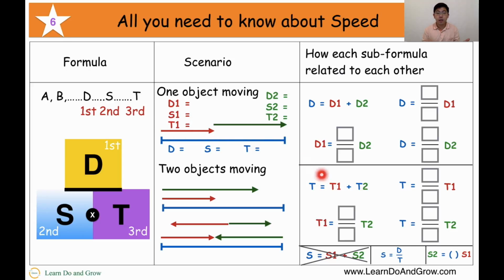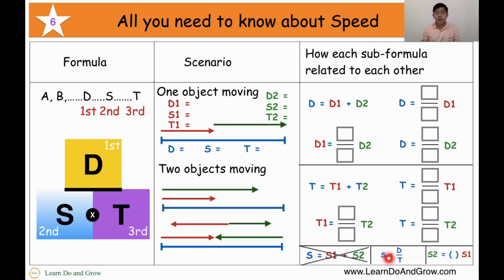T1 is over here, T2 is over here, or T1 belongs to the red one, T2 belongs to the green one. This one is supposed to be green. Or we can just say that T1 equals some fraction of T2, meaning T1 can be somewhere here and T2 can be somewhere here. And please take note that, look over here, S is not equal to S1 plus S2.